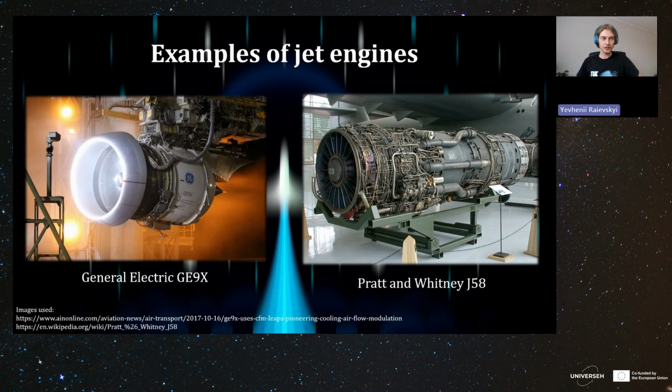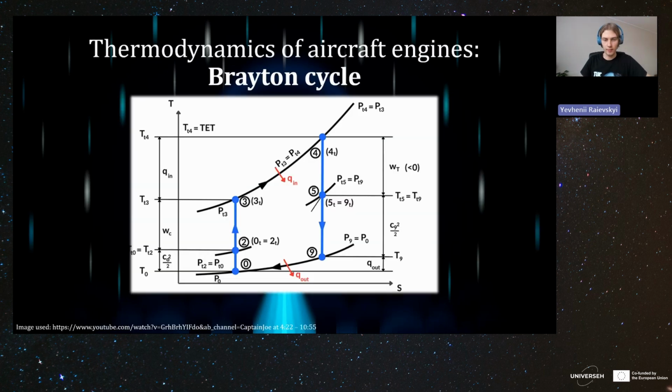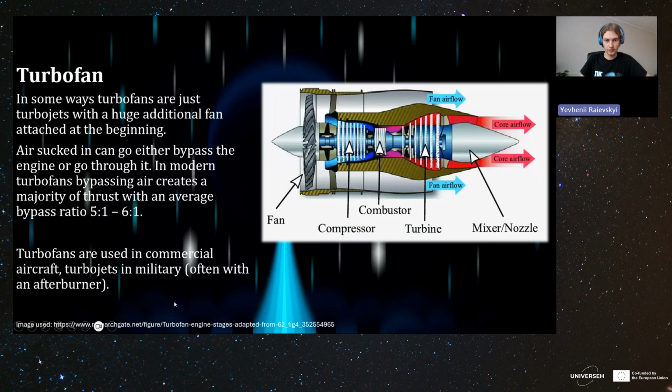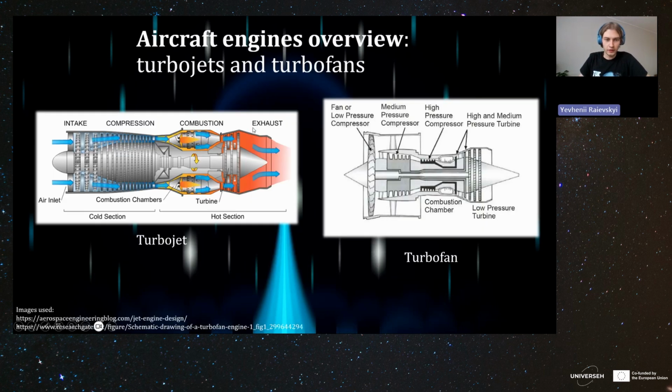The characteristic trait in this engine and some series of engines used in military is that they may have an afterburner. If we see here, sorry, after the turbine you have the exhaust, but the afterburner comes after the turbine, so before the nozzle exit.